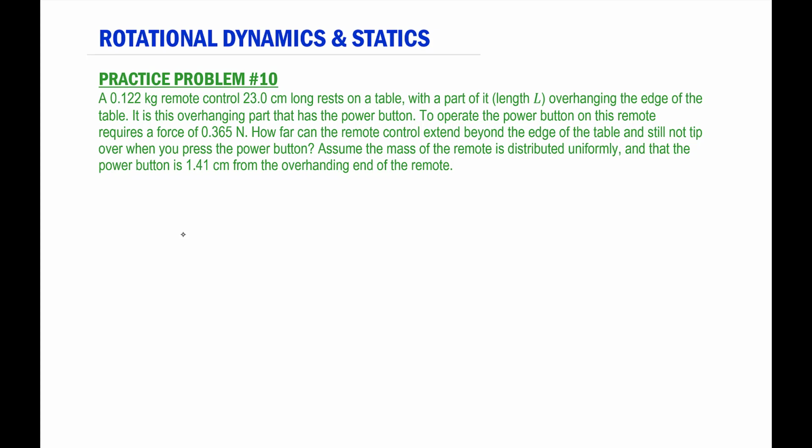So this red button, it is a distance B from the edge of the remote.